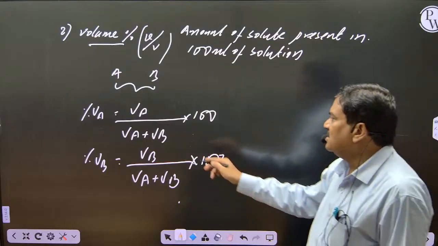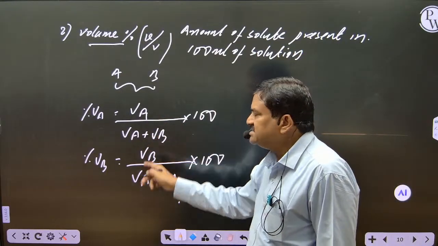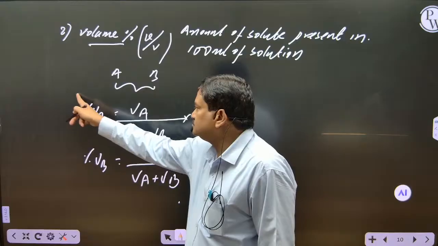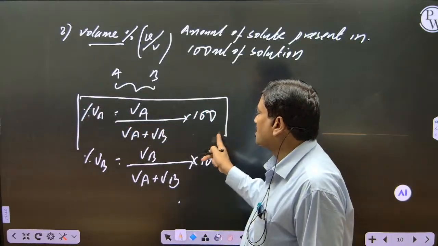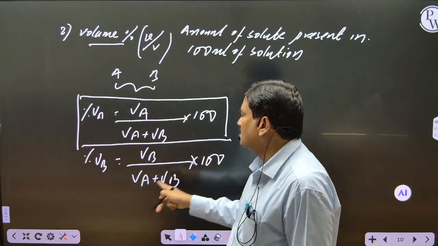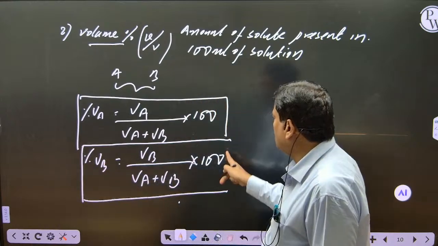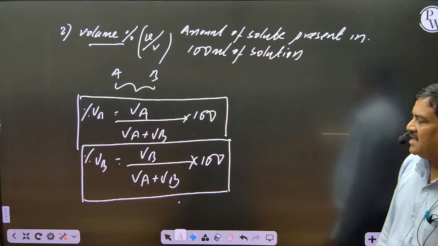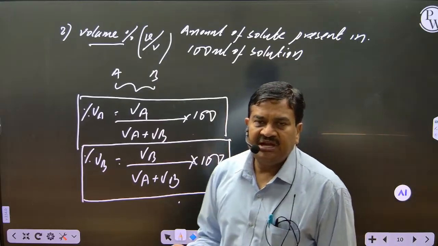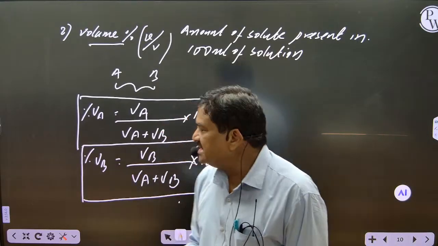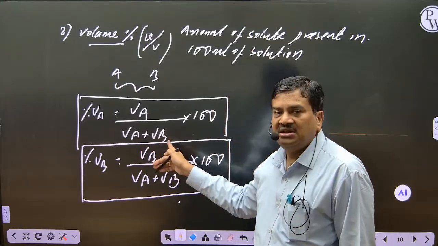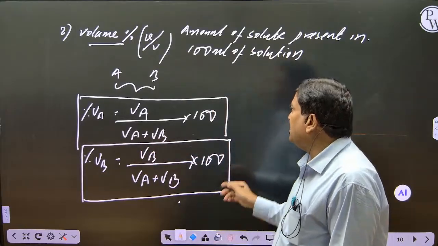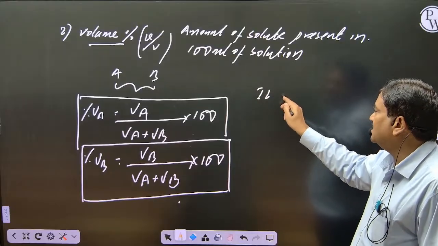That is called volume percent, and copy this relation. Clear? Understood? And will it be temperature dependent or temperature independent? Yes, it will depend on temperature. Why? There is a volume term. So right here it is temperature dependent.